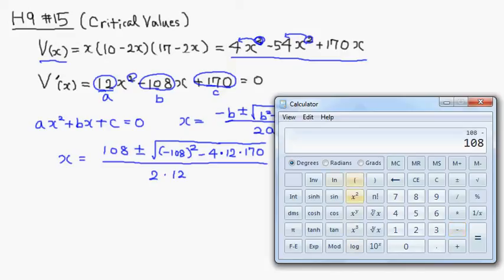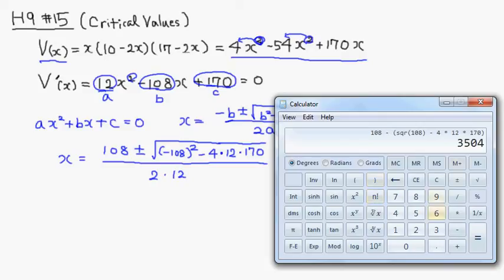Minus, parentheses, then 108 squared, minus 4 times 12 times 170, then close the parentheses.